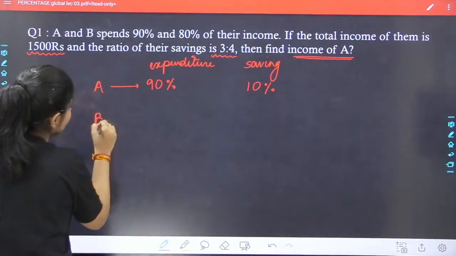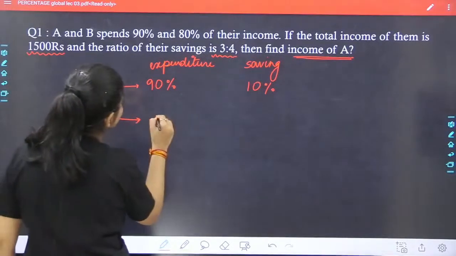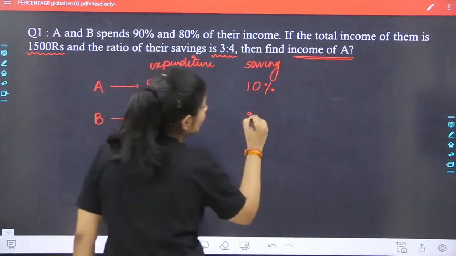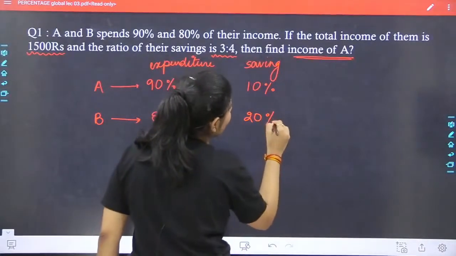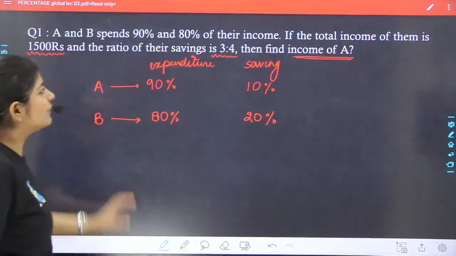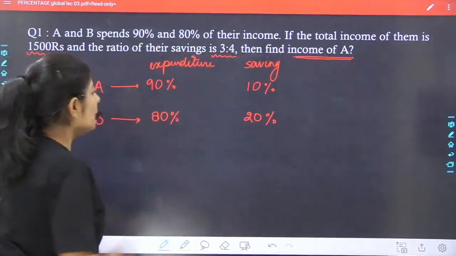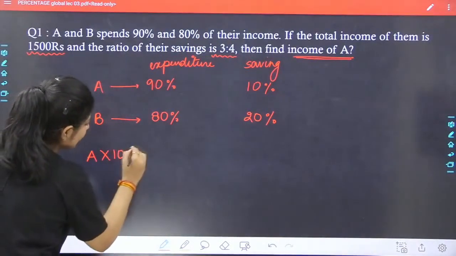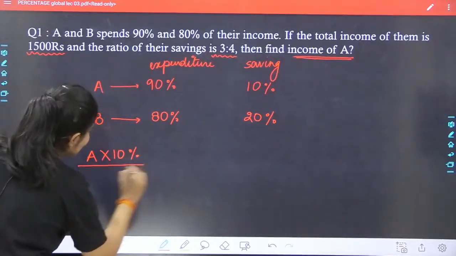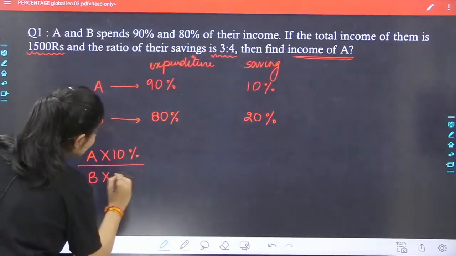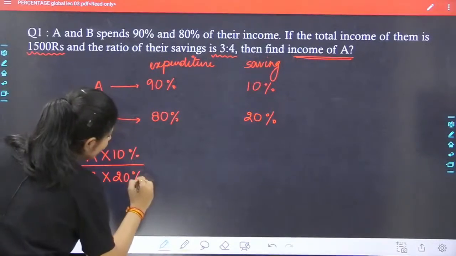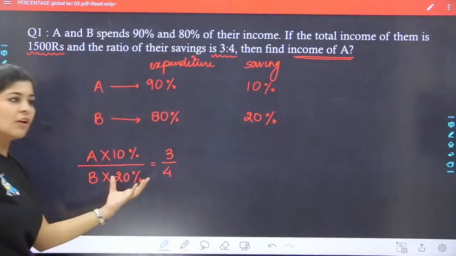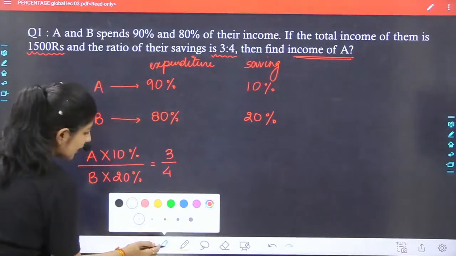Similarly, B spends 80% of his income and saves only 20%, and the ratio of their savings is given. So we can say that A saves 10% of his income and B saves 20% of his income, and they are in the ratio of 3:4.